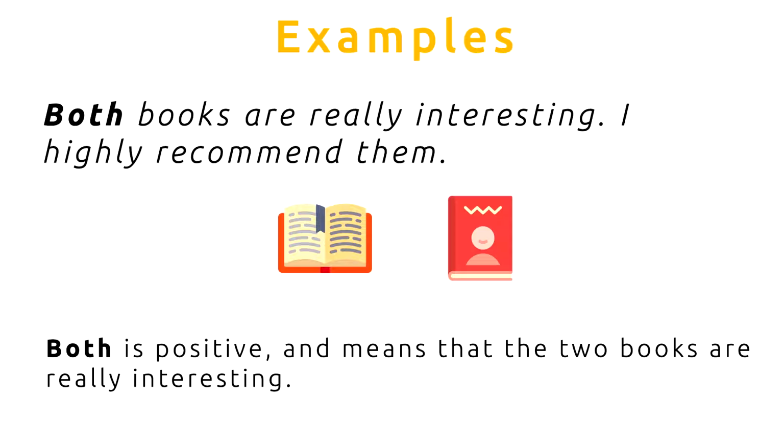So that's both. Both is positive. Just remember that. It's always talking about 2 things. So imagine I see 2 cars that I like. I can say both cars are really beautiful. That means the 2 cars are beautiful.